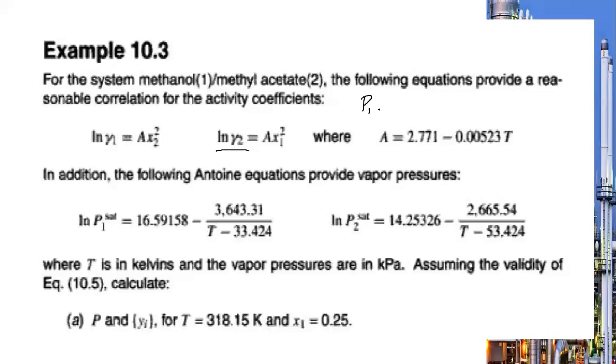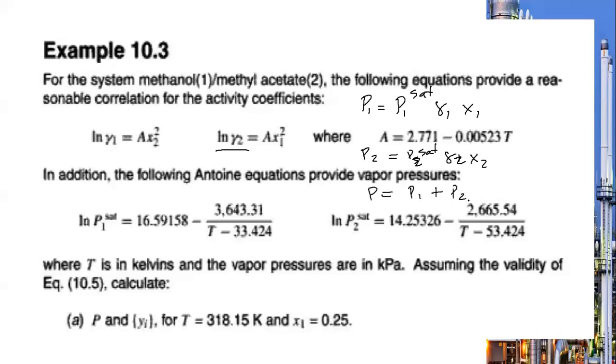P1 is equal to P1 sat times gamma 1 times x1. The same with P2: P2 is P2 sat times gamma 2 times x2. And then P is equal to P1 plus P2.